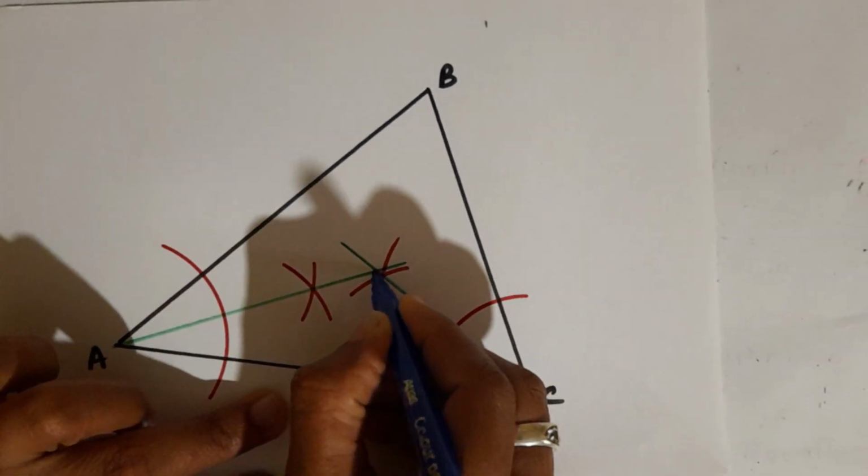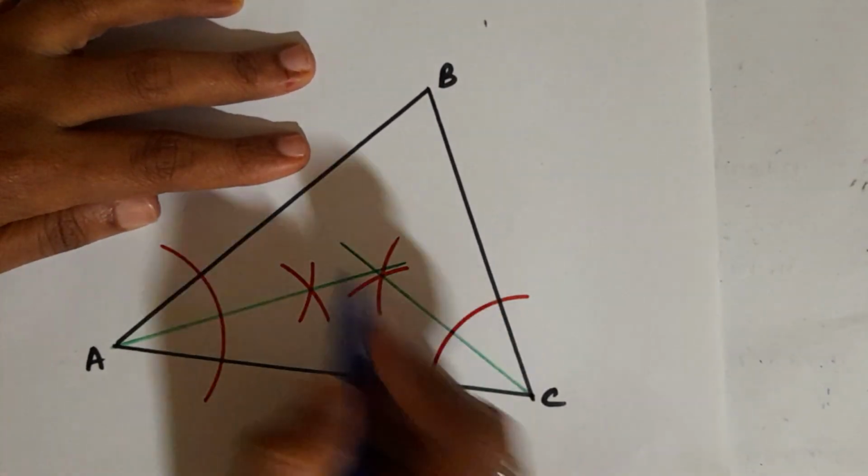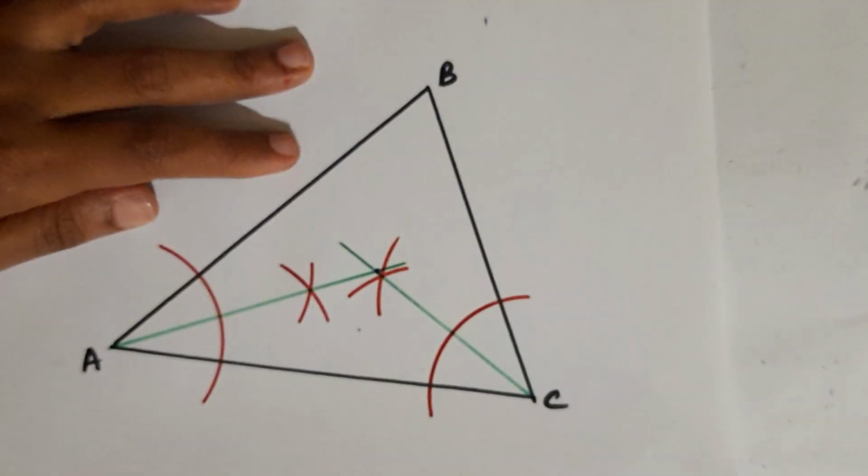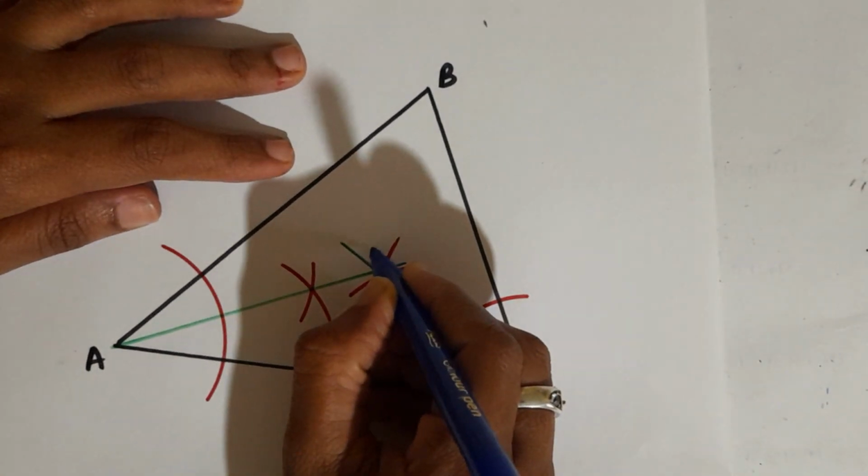Here we have obtained the intersecting point of the two angle bisectors. So this is the center of the incircle.